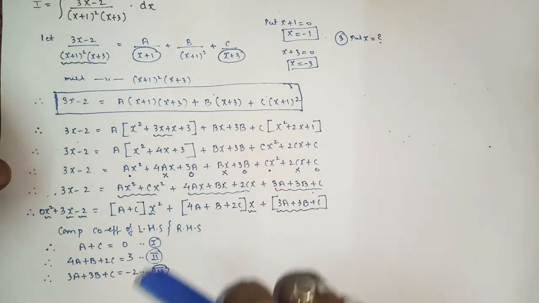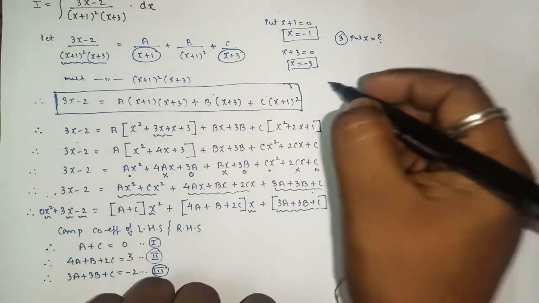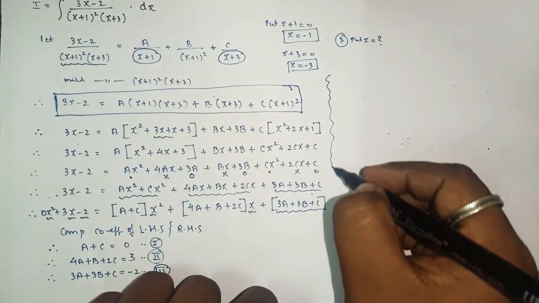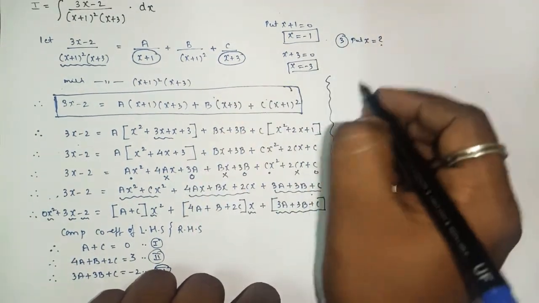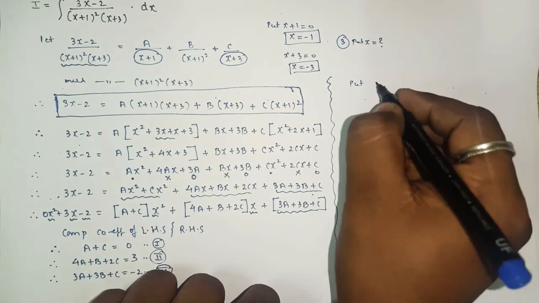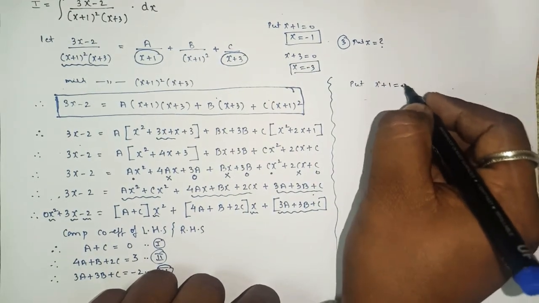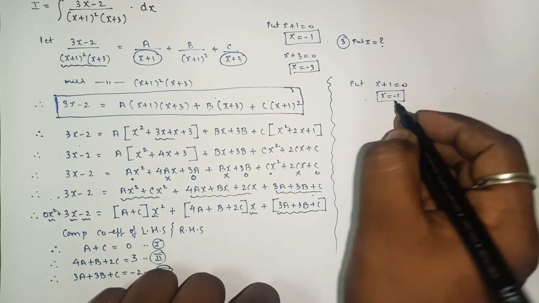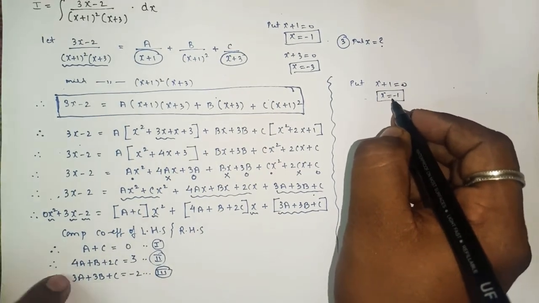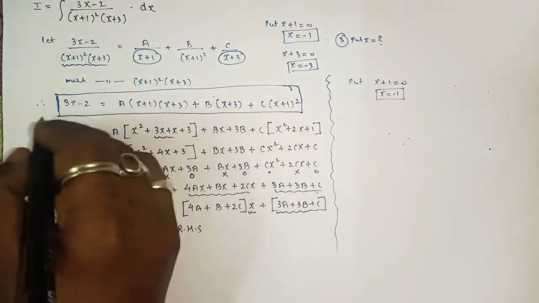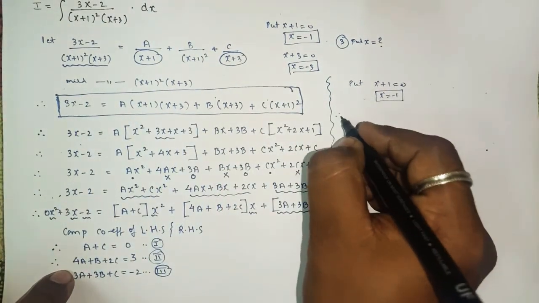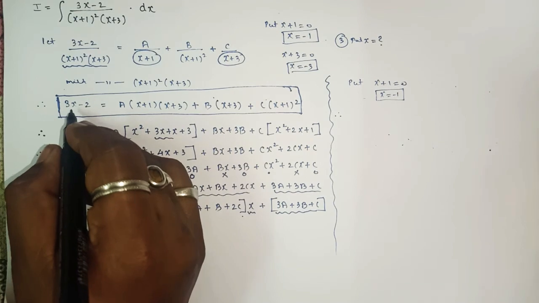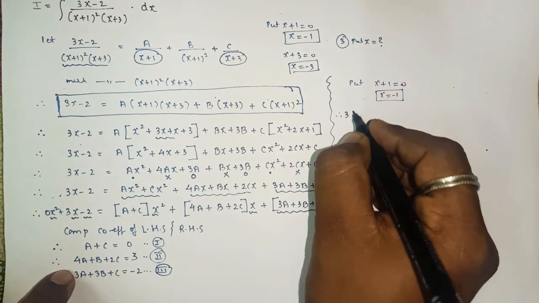So after getting equation number 1, 2, 3, now we'll see how to find our answer. First we'll put x plus 1 equals to 0, where you will get x equals to minus 1. So this x equals to minus 1 will be put in this section. Just replace wherever you see x by minus 1.